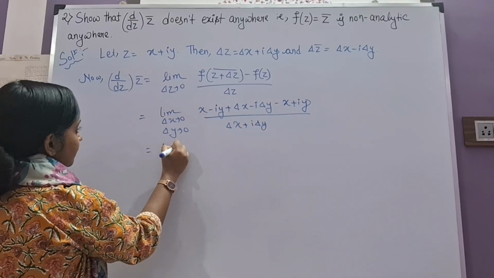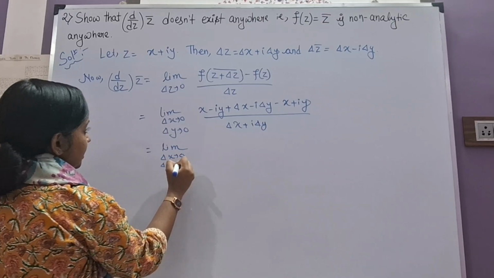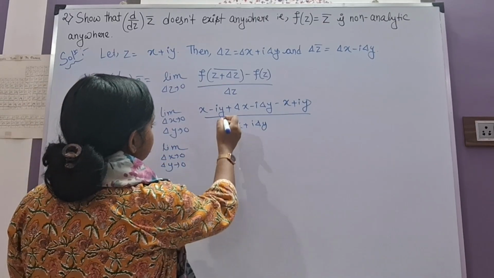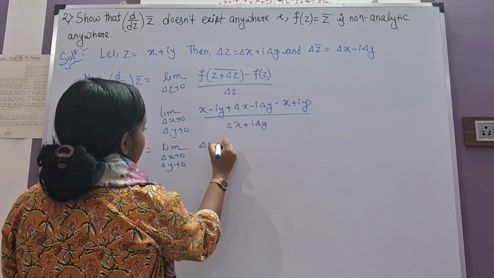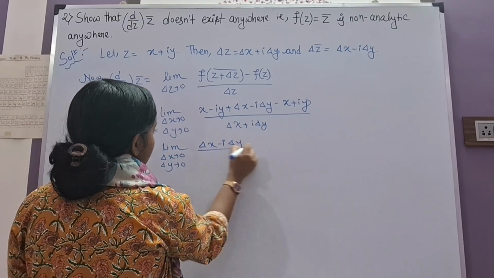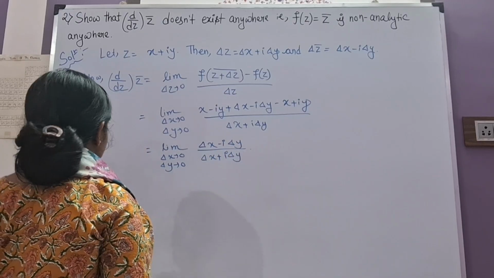Now this is equal to limit delta x tending to 0, delta y tending to 0. This will cut each other. So what we have? Delta x minus i delta y by delta x plus i delta y.